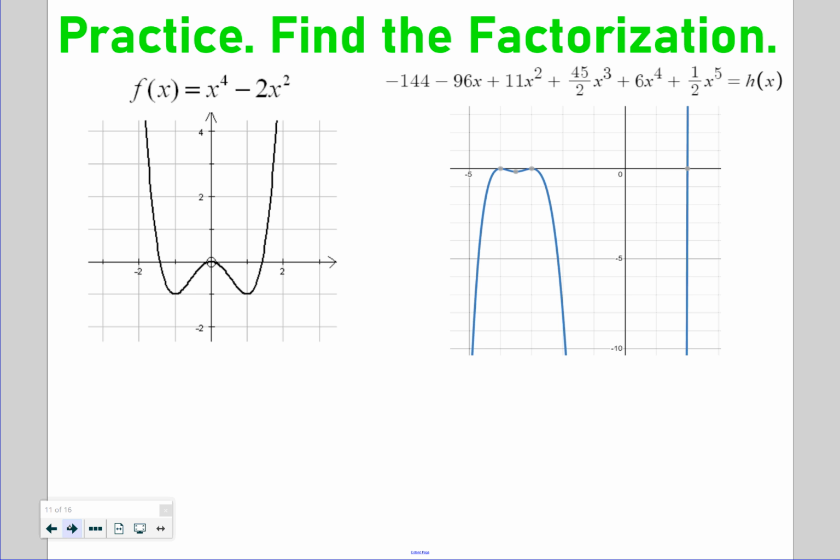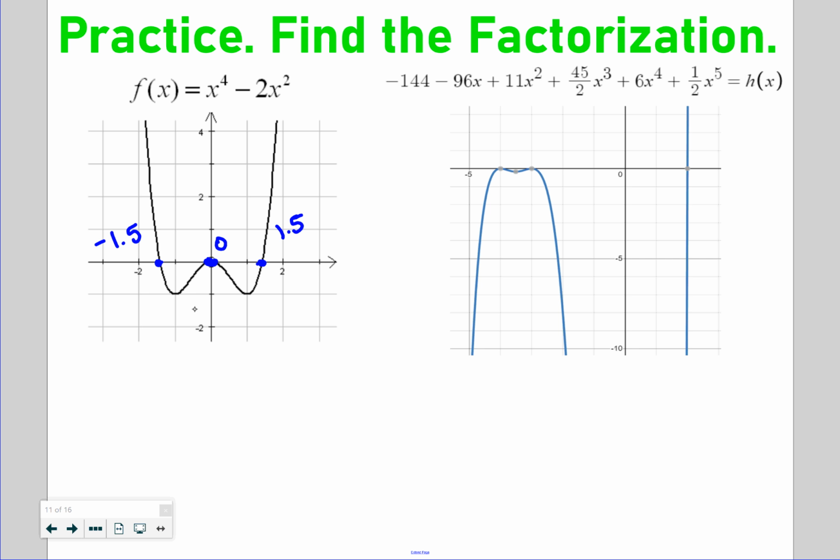So again, we have the equation, we have the graph, and we want to work backwards and find the factored form. Let's focus in on those intercepts here, here, and here. It looks like those are occurring at -1.5, +1.5, and we're just approximating these the best we can, and then at 0.